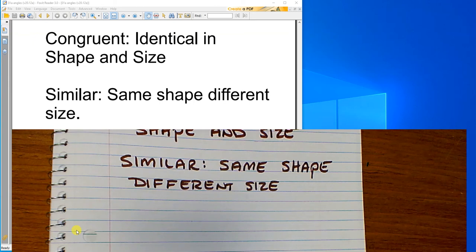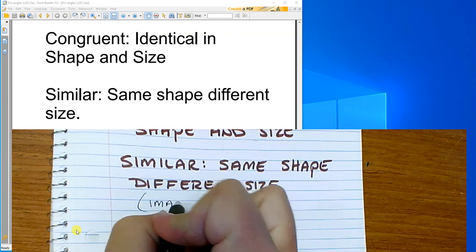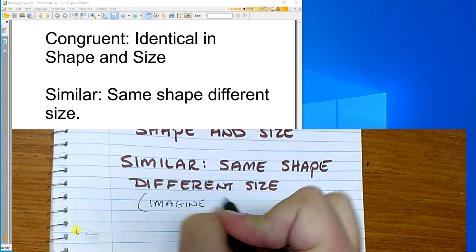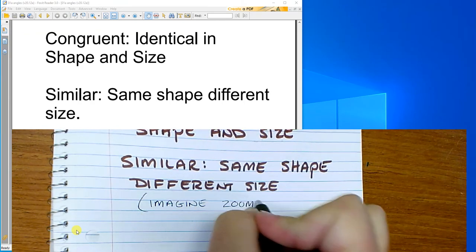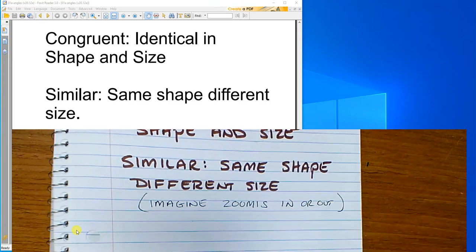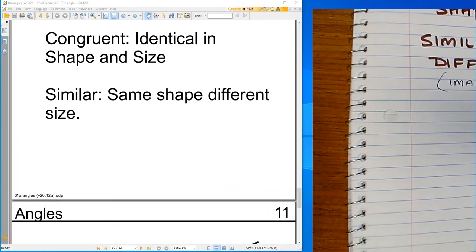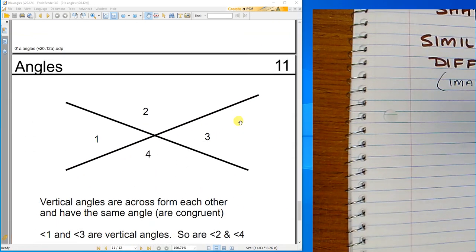Congruent is completely identical. Similar is same shape, different size. So imagine zooming out and in.